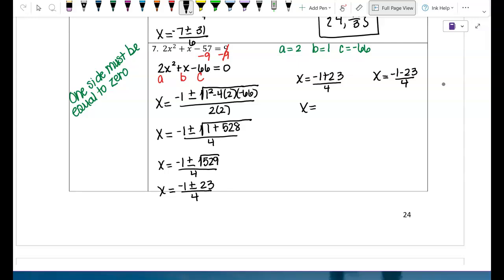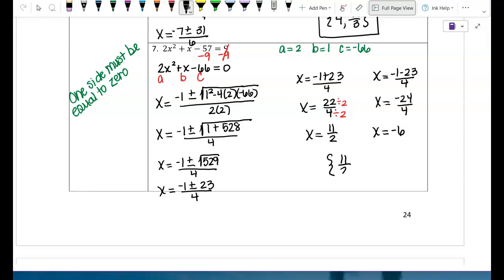So x equals negative 1 plus 23 is 22, divided by 4. 4 doesn't go into 22 evenly, but I can reduce them both by 2. So x equals 11 halves. And then x equals negative 24 divided by 4, so x equals negative 6.